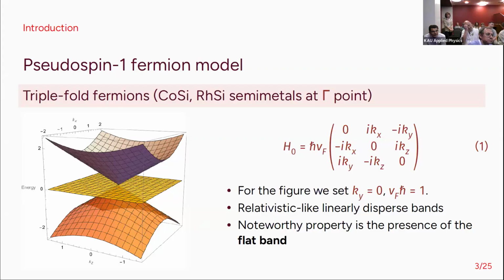As we see, this Hamiltonian can be described as a vector product of vector k and a vector of matrices, which are spin-1 matrices.